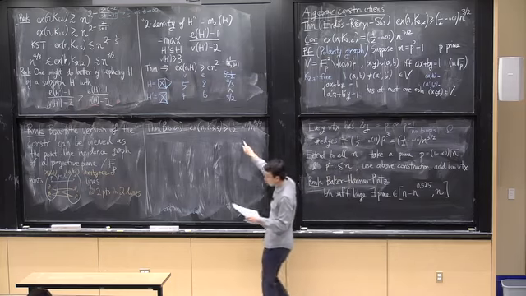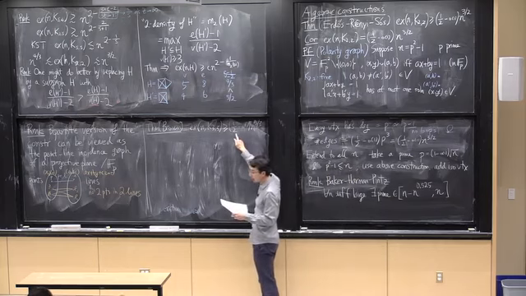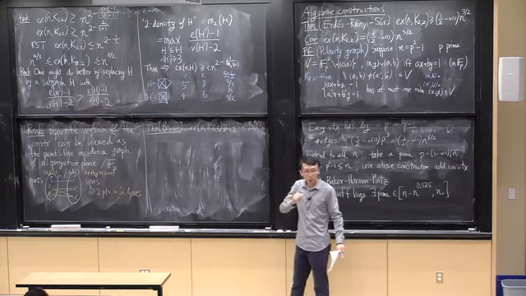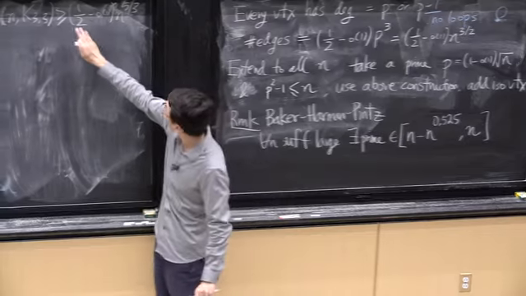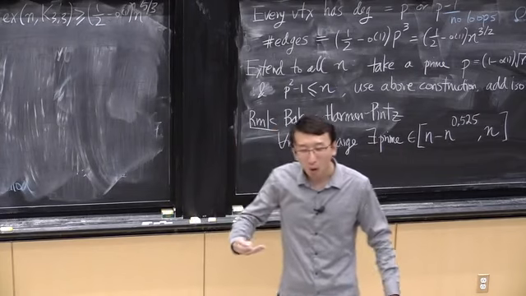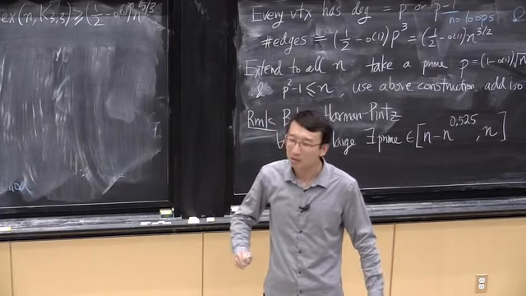It turns out this is also the right constant, this 1/2, although it doesn't follow from the Kővári–Sós–Turán theorem I stated. One needs to do a little bit extra work, but it is true that this is also the correct constant. And that's pretty much all the cases where we know the correct constant.